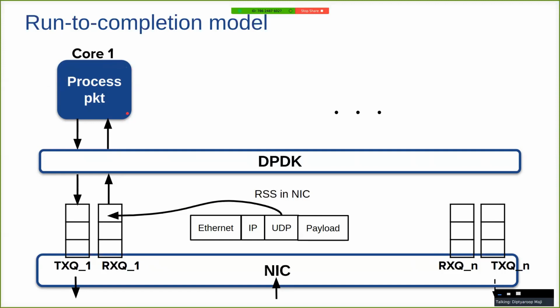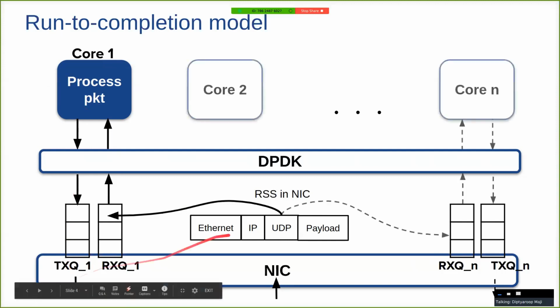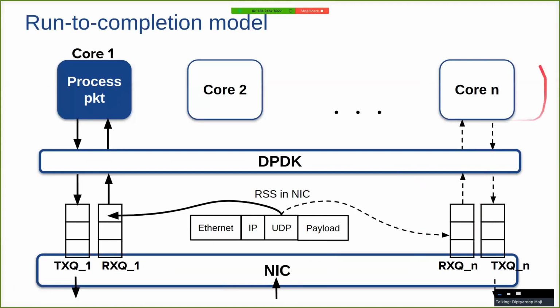By processing packets, I mean removing or adding any headers, manipulating the data, etc. And then transmit those packets out via the TX queues. Similarly, any other packet may be redirected to any one of the RX queues, and any one core will take up that packet in the user space, process, and then transmit it out.